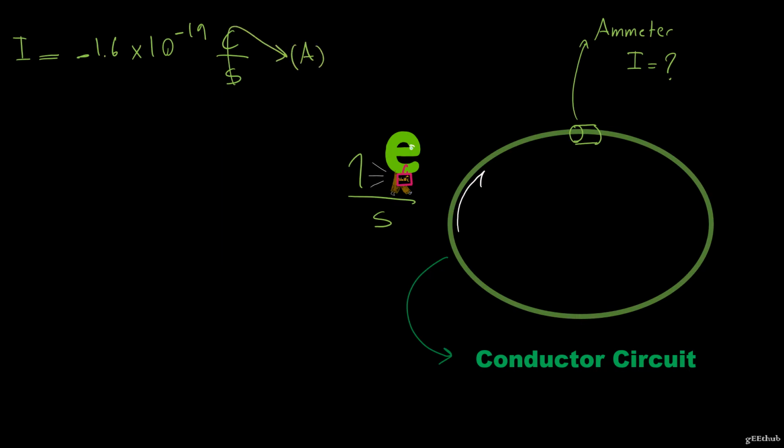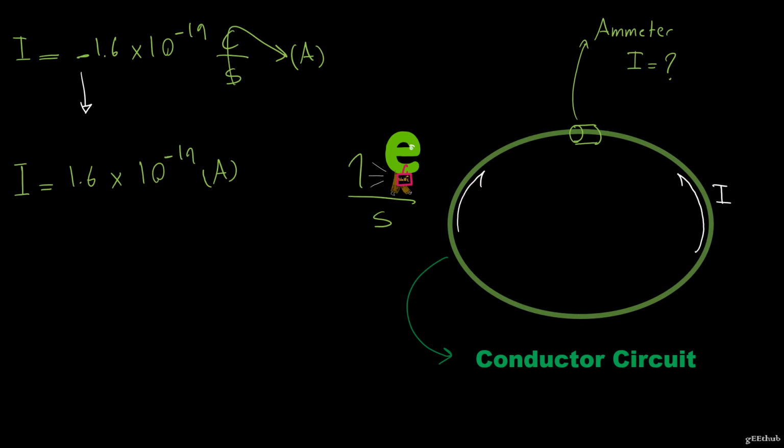And one more thing that's noticeable over here is this negative sign in front of this current. So I'm going to take that off, and I'm going to say current is just 1.6 times 10 to the negative 19 amps, except I'm just going to reverse the direction of current here.